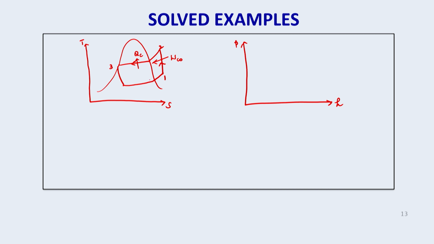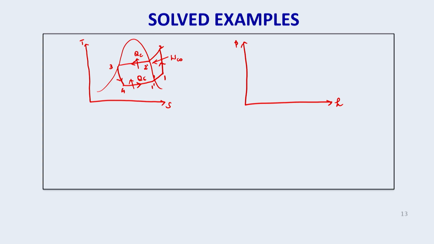So, let us take this point as 1 dash, this intersection point 1 dash. This will be 4 and let us take this point as 2 dash. So, this is the evaporation process QE.